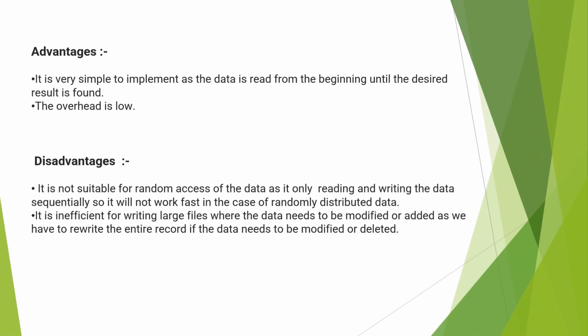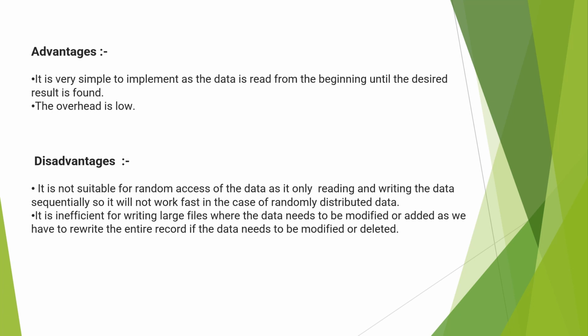Advantages: it is very simple to implement as the data is read from the beginning until the desired result is found. So there are no complications while implementing the sequential access method, and the overhead is low.